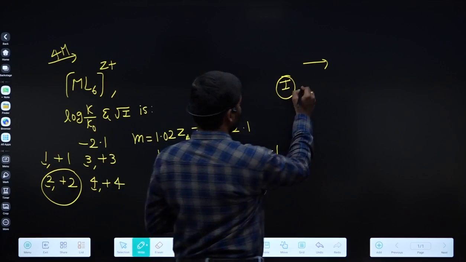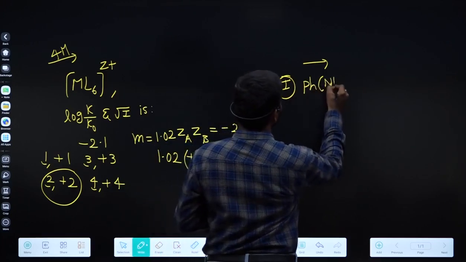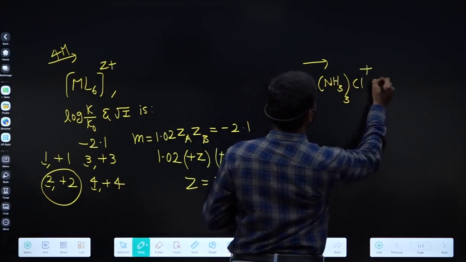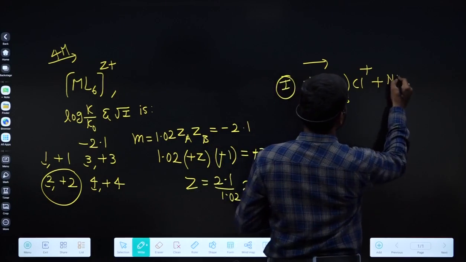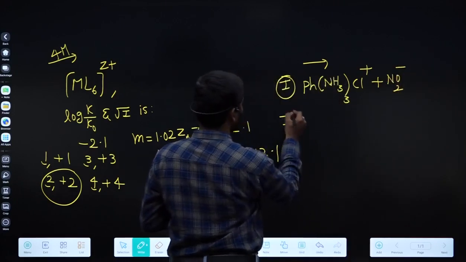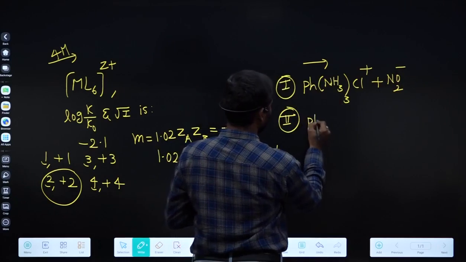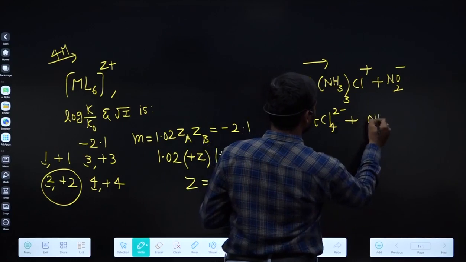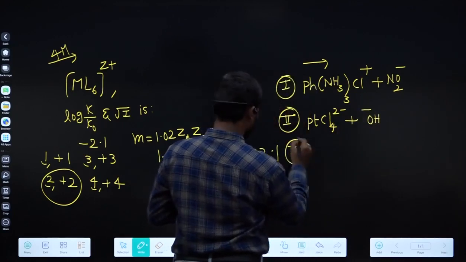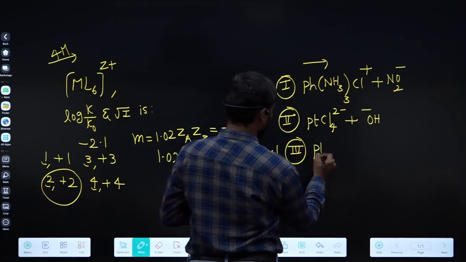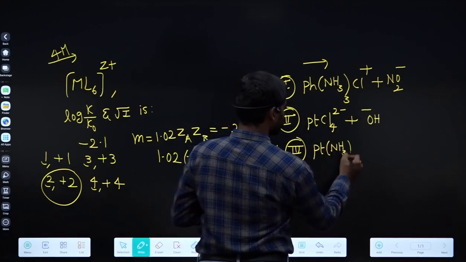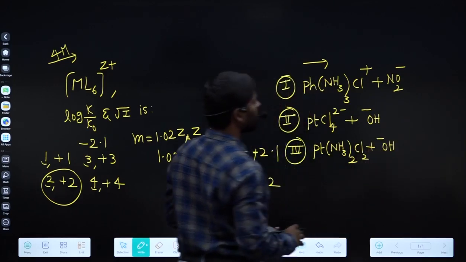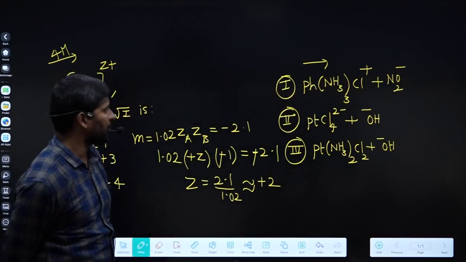First reaction: Pt(NH3)2Cl plus NO2 minus. Second one: PtCl4 2 minus plus OH minus. So what will be the effect of ionic strength in each of those reactions?